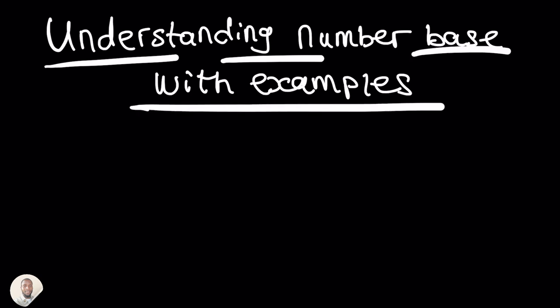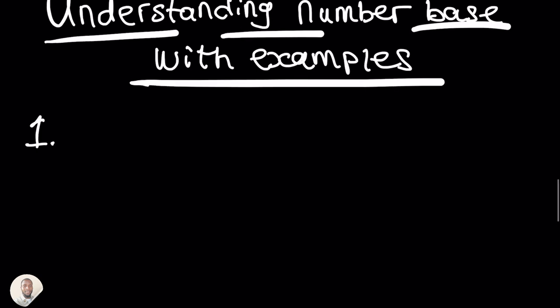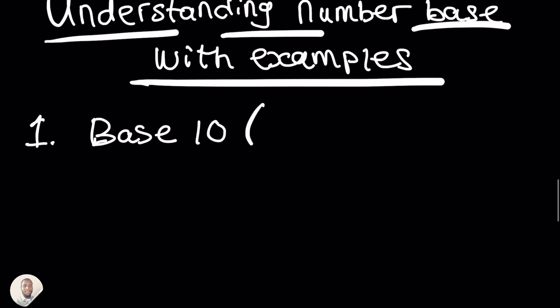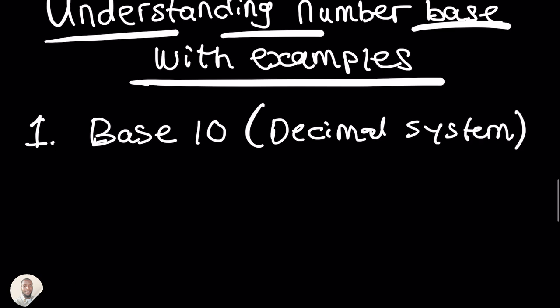Okay, let us consider this subtopic, understanding number base, with examples. We'll consider the first one, base 10. Your base 10 is also known as the decimal system. This kind of number system is the system we use daily in counting.